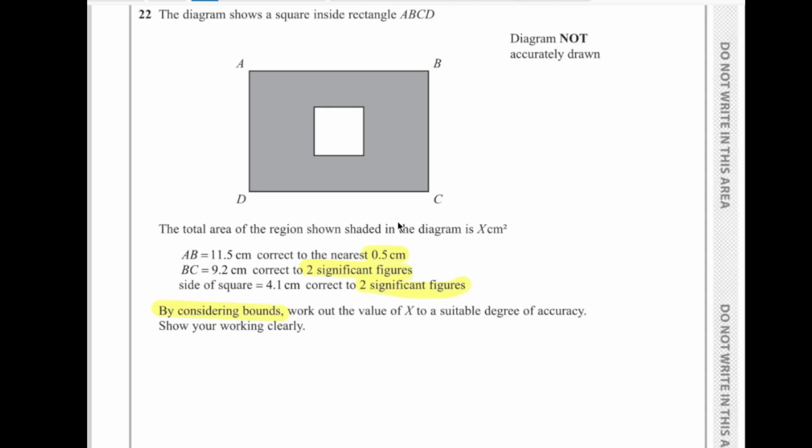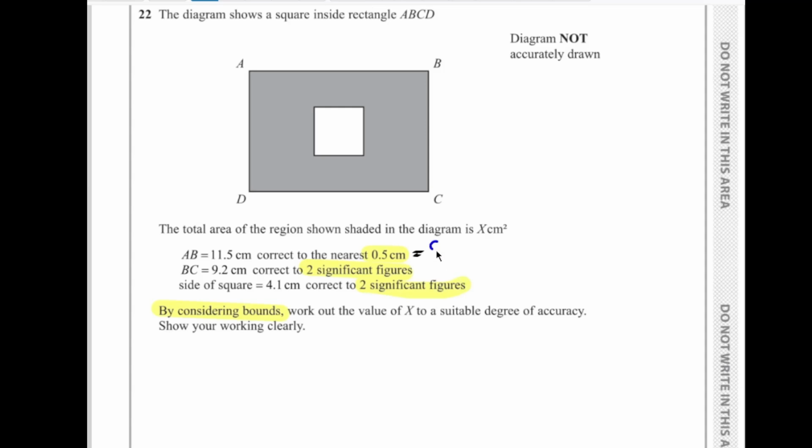Before doing anything else, this is the key point of upper and lower bound. 0.5 to be divided by 2, then it will be 0.25. To get upper and lower bound, whatever the given accuracy, you have to divide that by 2.